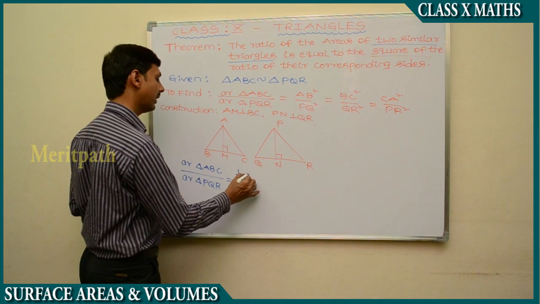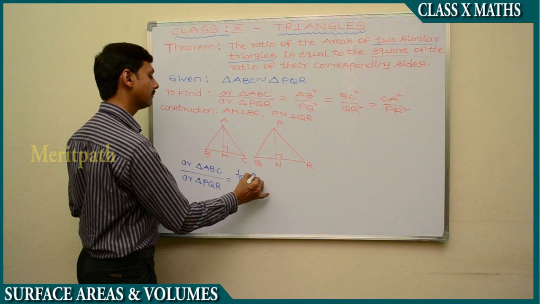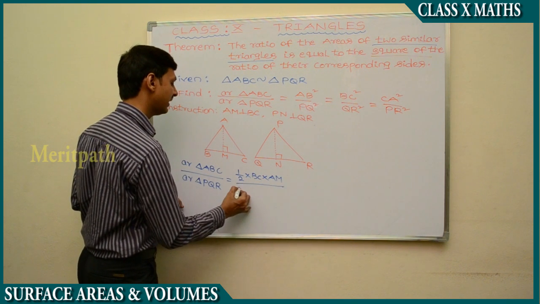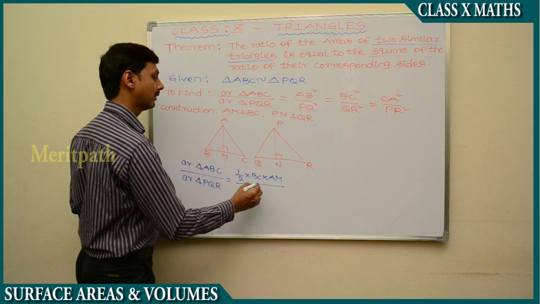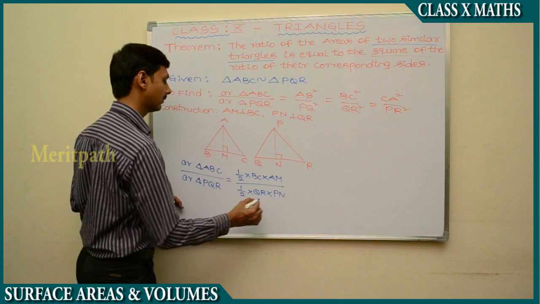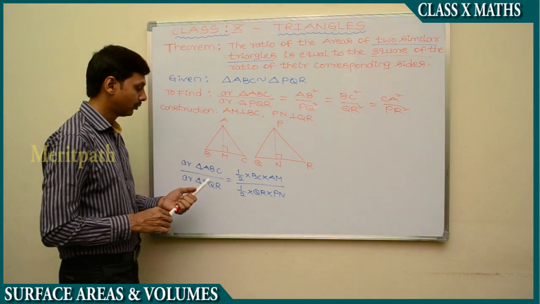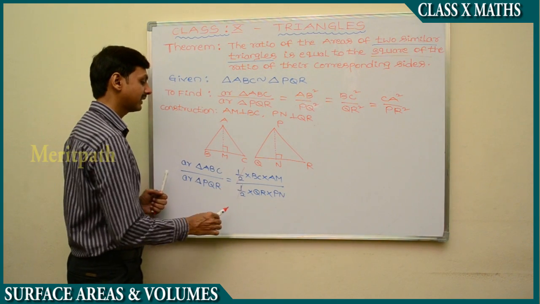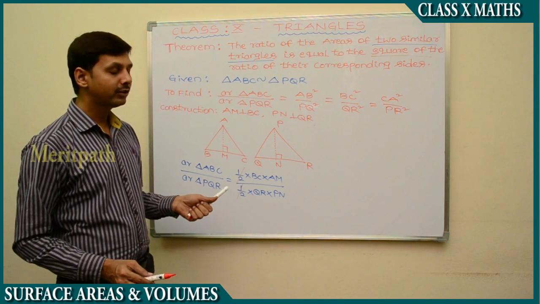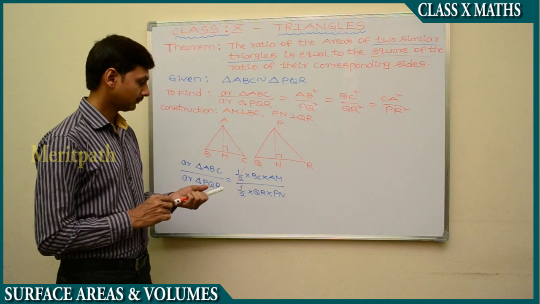So half into base BC into height AM, divided by half into base QR into height PN. Let's cancel the one by two on both. We get BC into AM by QR into PN.